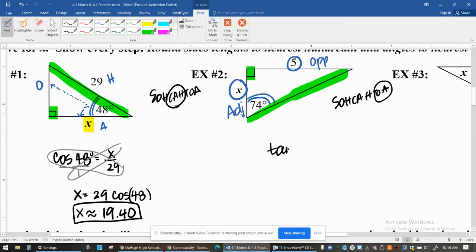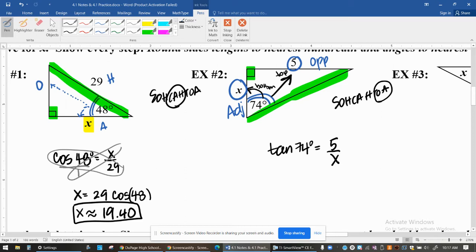The tangent of angle theta, which is 74 degrees, equals opposite over adjacent. So opposite over adjacent. Remember, those are the ones we're using. This one goes on the top. This one goes on the bottom, the denominator.